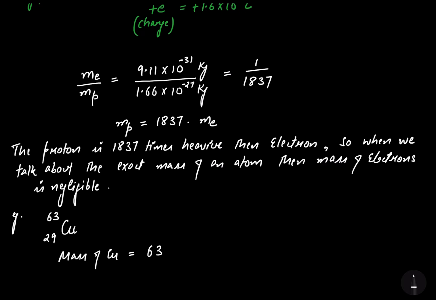Now the mass of one proton or neutron is equal, that is 1.66 into 10 raised to the power minus 27 kilograms. So that comes out to be the mass of copper, or the mass of the nucleus of copper.